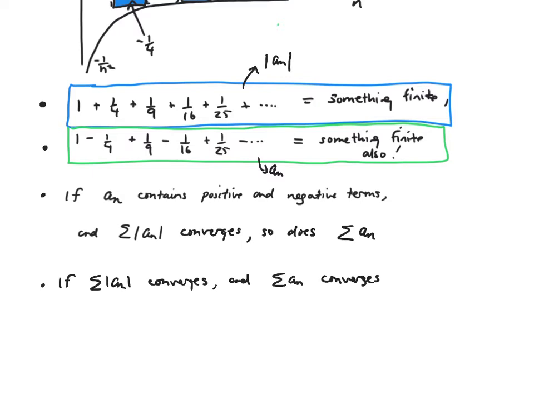But if they both converge, we say that the summation of a_n has absolute convergence. So it's a very strong form of convergence. It means that even when I take the absolute value of the series, turn all the terms positive, that will still converge. 1 over n squared in the previous example.